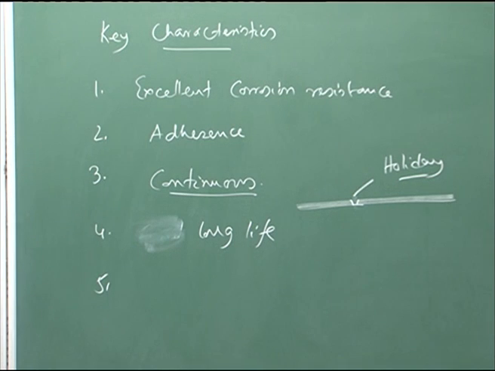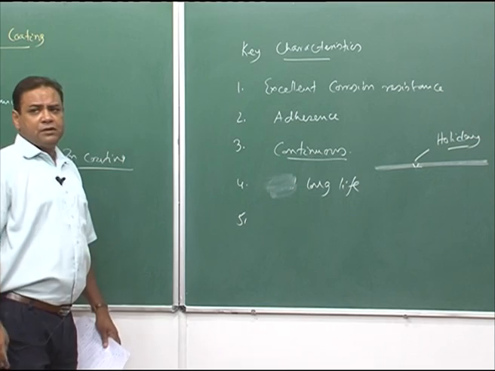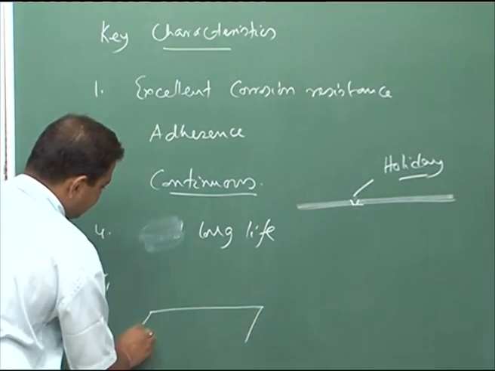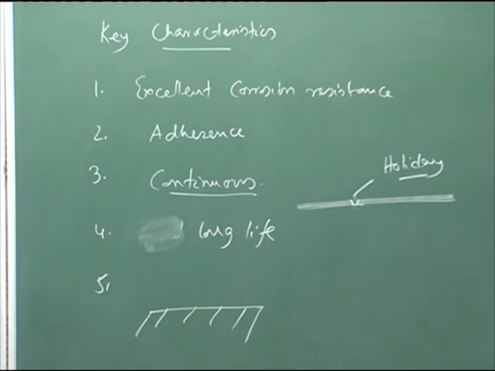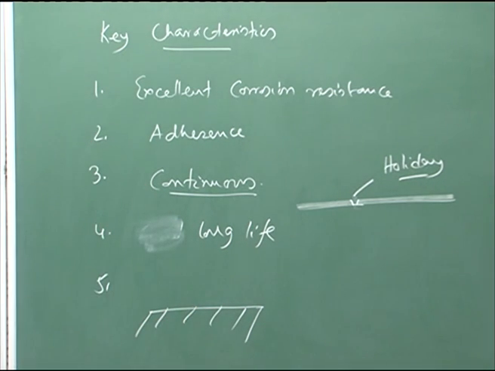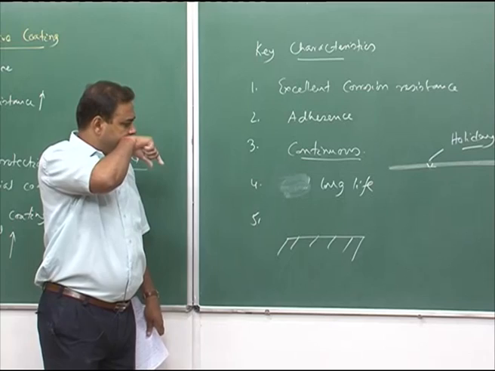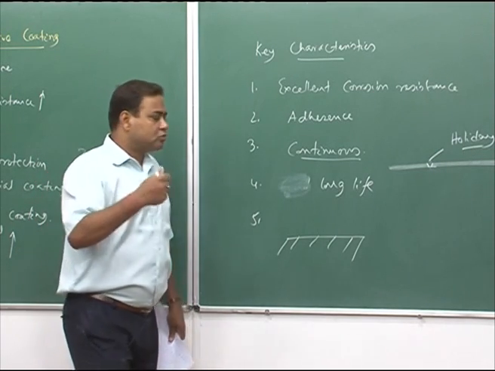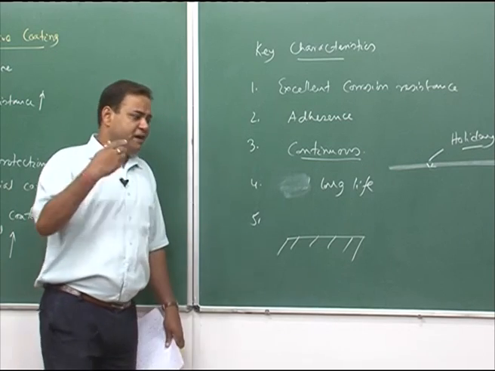Another thing is, when we have a coating, the surface finish. For example, this is the metal surface, and on that metal surface we are planning to have a coating. At that time the surface preparation of the metal surface on top of which the coating is to be done is very important. For example, if a good coating is done on a badly prepared surface, that can give you a very deadly effect, and the corrosion rate would be very high.